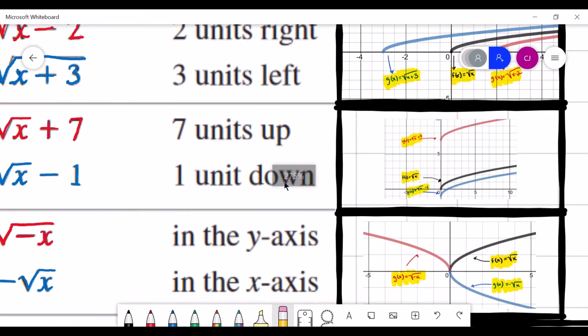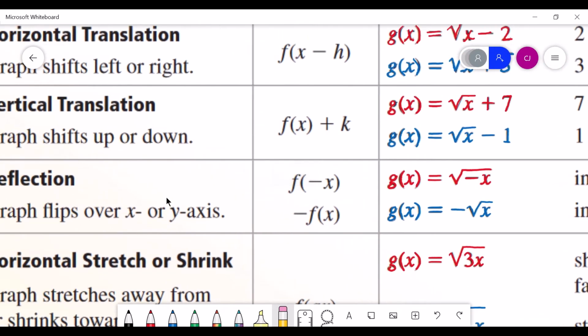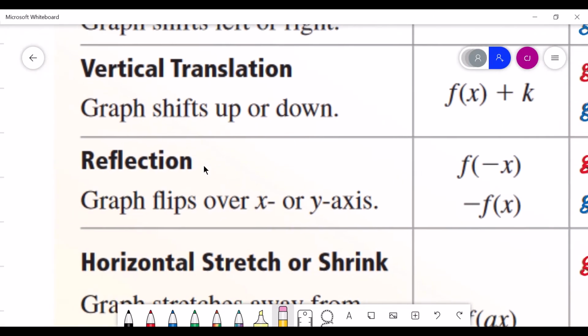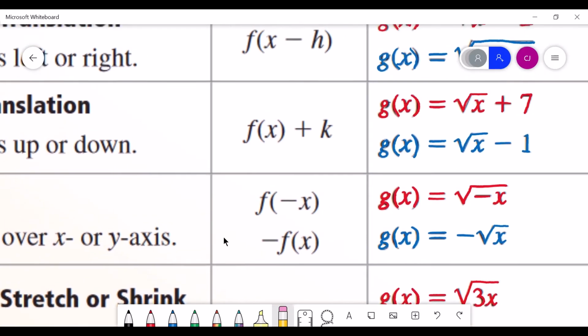All right. Now, the next type of transformation that we're going to be looking at is called a reflection. And there's two types of reflection. One where it flips over the x-axis, and then another one where it flips over the y-axis. So here we have our function notation.